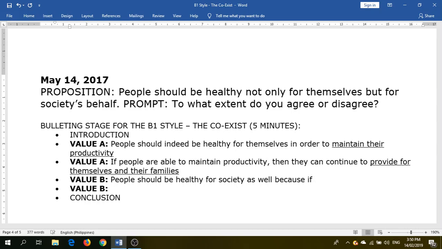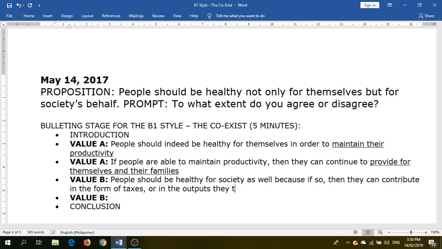Because if so, then they can contribute in the form of taxes, or in the outputs that they produce at work.